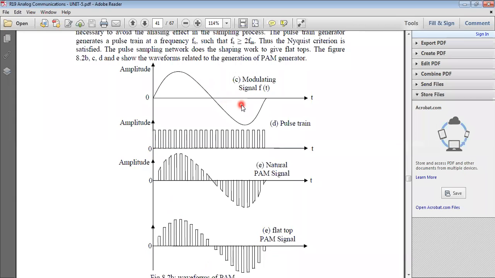If we represent that signal as f of t or x of t, here we apply a pulse train having an amplitude of unity by passing through a PAM modulator, and we got this PAM signal.